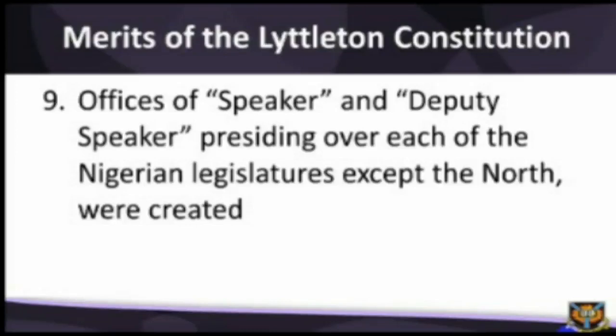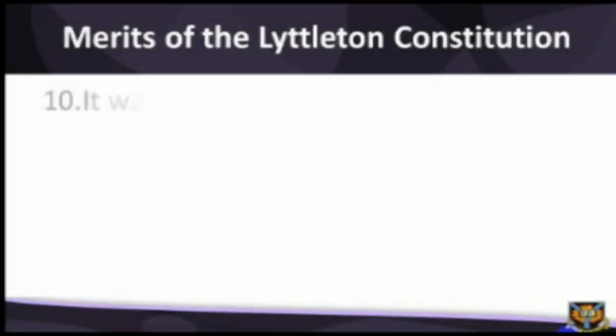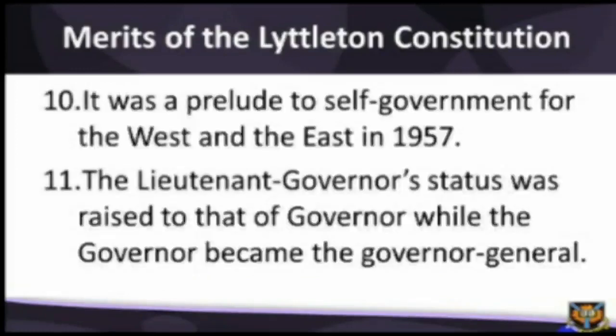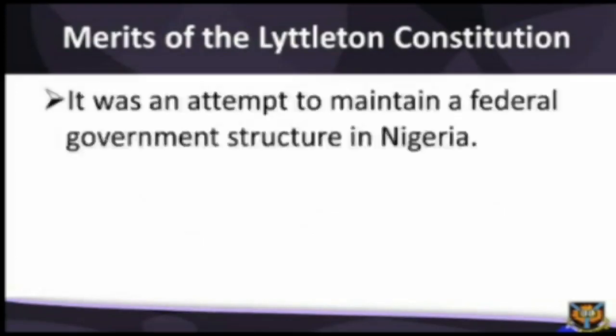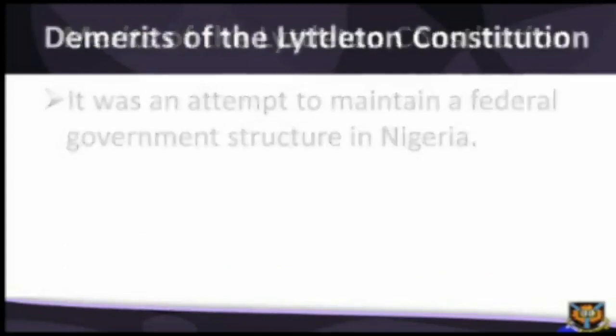The offices of Speaker and Deputy Speaker, presiding over each of the Nigerian legislatures except the North, were created. It was a prelude to self-government for the West and the East in 1957. The Lieutenant Governor's status was raised to that of Governor, while the Governor became Governor General. This was in an attempt to maintain a federal government structure in Nigeria.